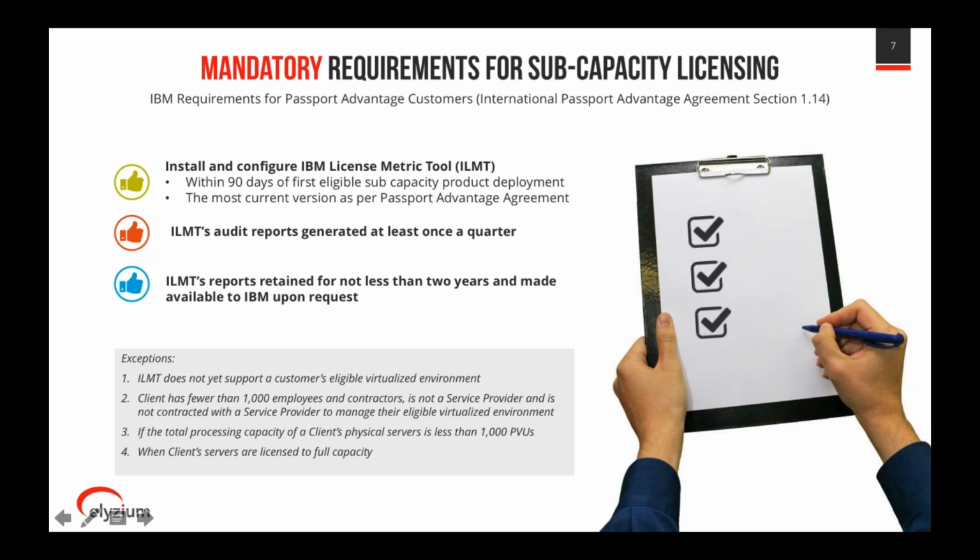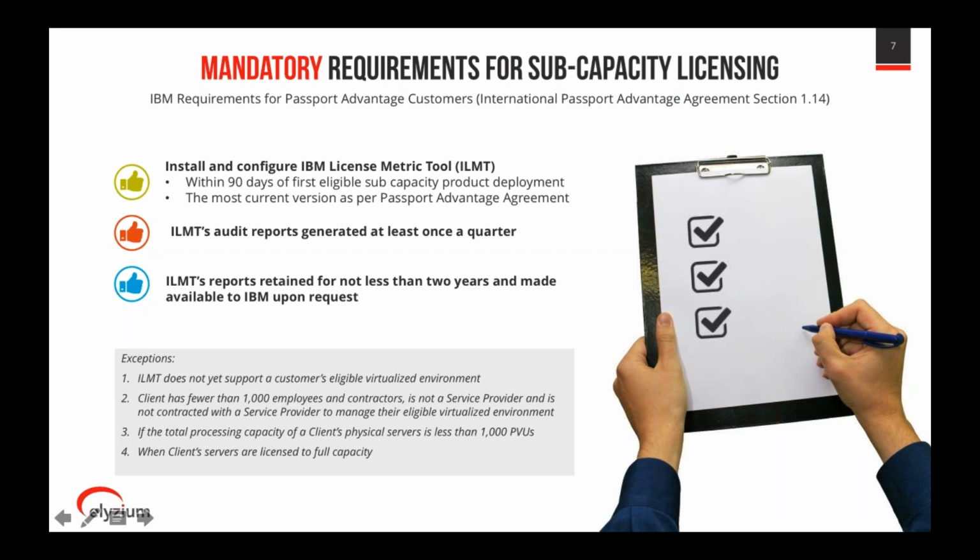The other exception is if you have fewer than 1,000 employees and contractors, and a service provider is not contracted to actually manage your environment. So if you're using a service provider, even if you've got fewer than 1,000 employees, it's mandatory to still use ILMT.